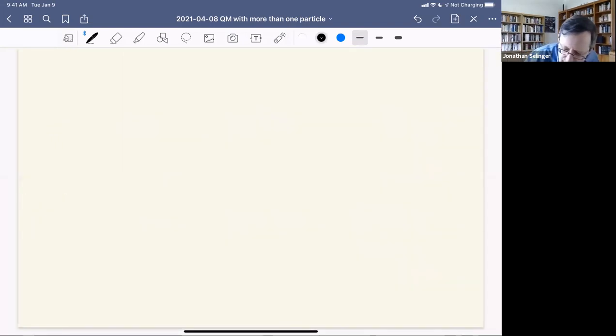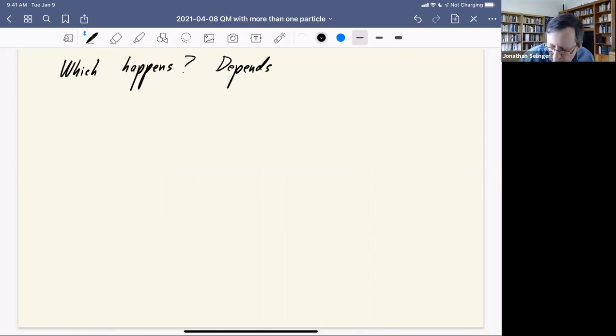And then you might ask, well, which of those two things happens? And the answer is that it depends on the type of particle. There are two types of particles when it comes to this kind of a question.